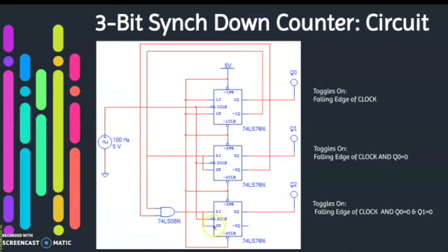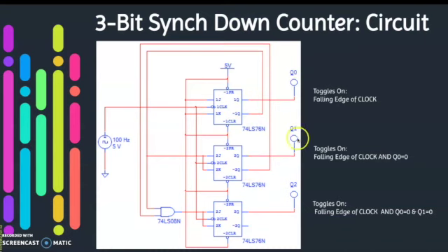The J and the K inputs are based on either the power from right here, or in this instance, it's coming around from this AND gate. That AND gate, if we trace it backwards, is coming in from the Q0 of the first flip-flop and the Q0 of the second flip-flop.